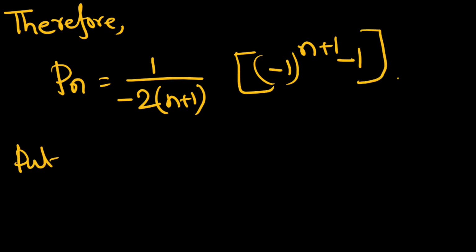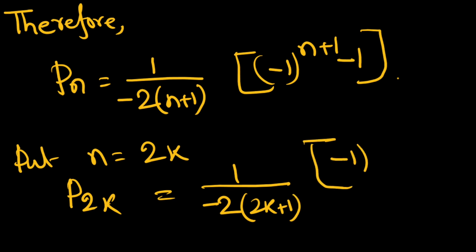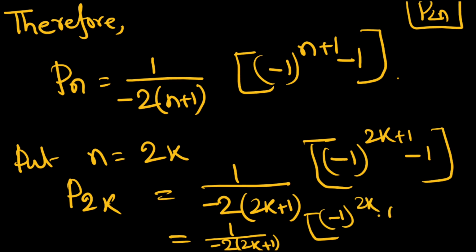Now we put n = 2k, any number 2 times some number. Then P(2k) = 1 over (-2)(2k+1) times ((-1)^(2k+1) - 1), because we actually need P(2n). So we want to find P(2k) type, then we replace k by n. So therefore it is 1 over (-2)(2k+1), here it is (-1)^(2k) into (-1) minus 1.